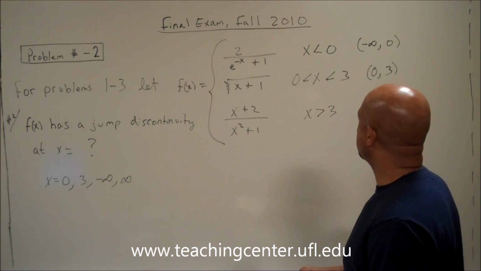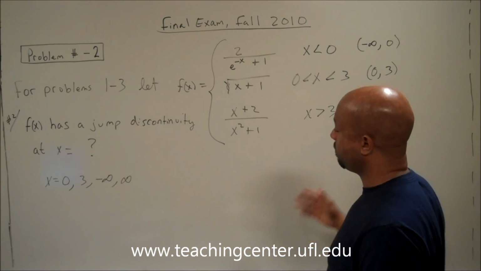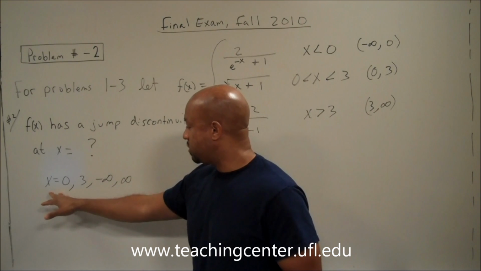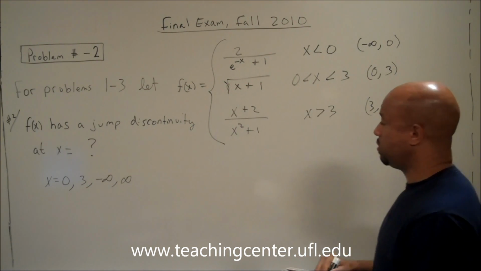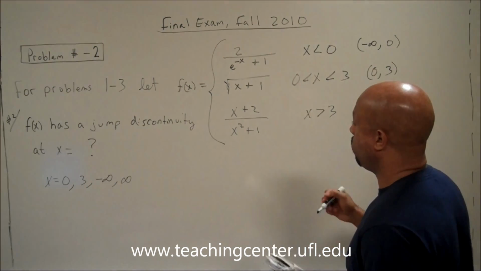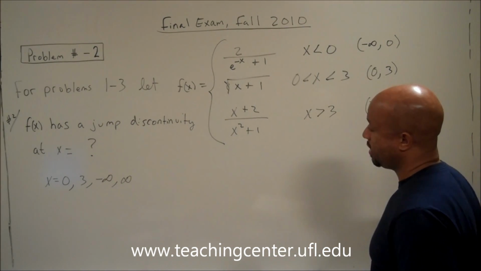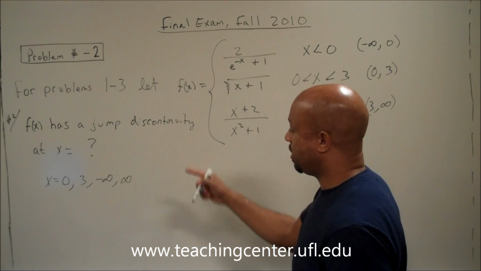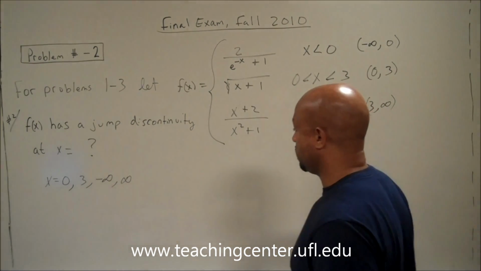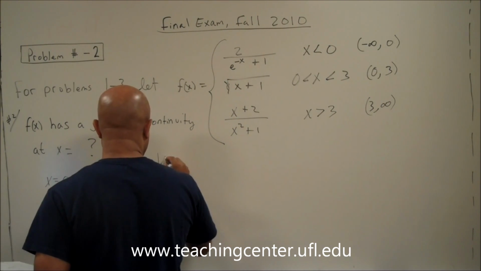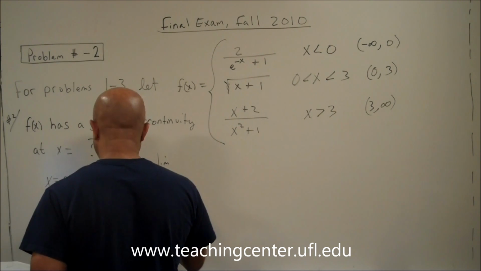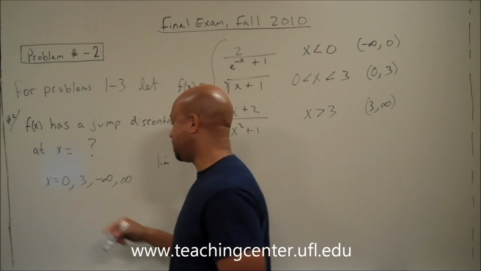So now we just want to look at the function and see what's happening when x is approaching 0, 3, negative infinity, infinity. To do that, we want to take the limit as x is approaching that particular number from the right and the left.